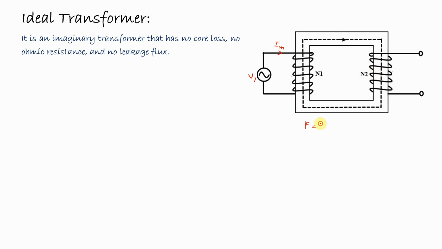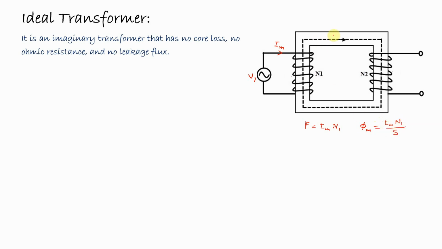It is represented by the current into the number of turns. Due to this magnetomotive force, a flux will be produced. This is the mutual flux represented by phi m, and it is the magnetomotive force upon the reluctance.